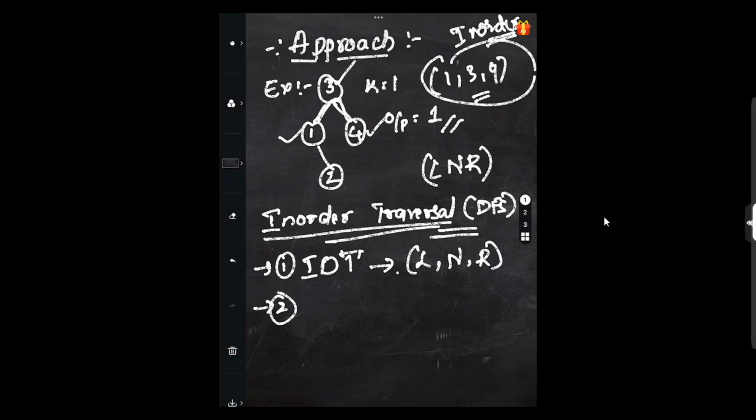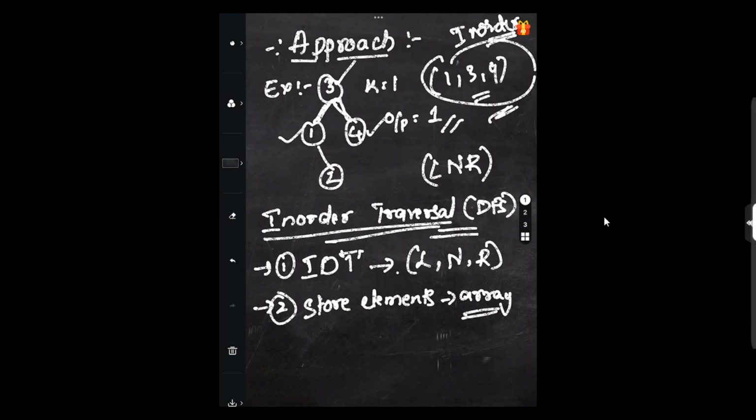Second thing, after performing an in order traversal, we have to store the elements in an array, since in order directly gives the sorted order, as I've shown clearly in this example.